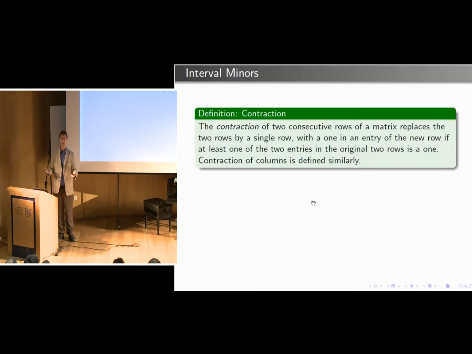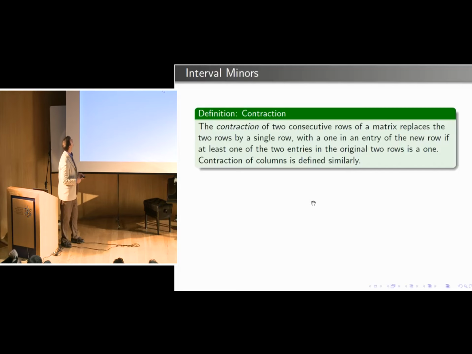For those familiar with graph minors, there's a notion of contraction there where you have two adjacent vertices, and you replace those two vertices by one vertex whose neighborhood is the union of the neighborhoods of those two vertices. For interval minors, we have a matrix, and we contract two consecutive rows or two consecutive columns. So instead of this notion of adjacency, we are contracting consecutive ones here.